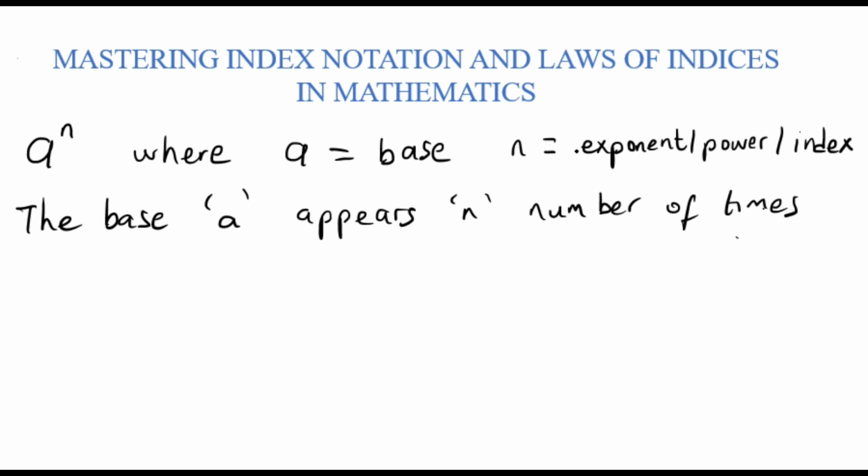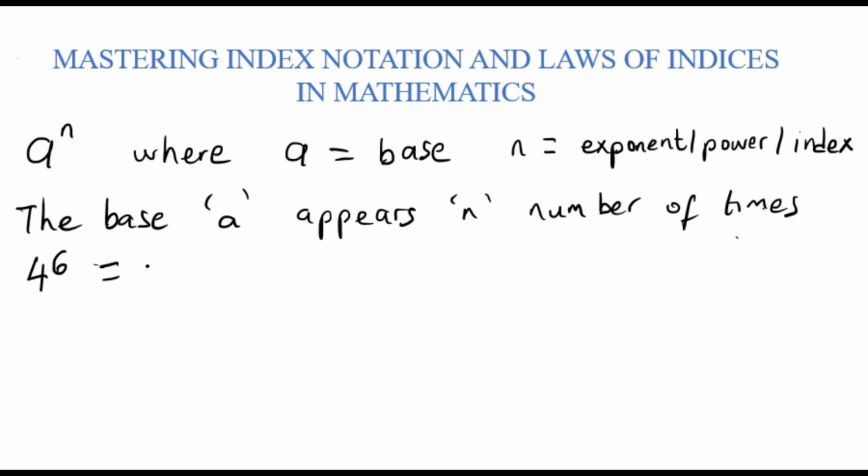For example, let's take 4 to the power 6. Now remember I said I'm using power or index or exponent, so they all mean the same thing. So 4 to the power 6. Our base here is what? 4. And our exponent is 6. So 4 to the power 6 means that the base 4 appears 6 number of times, and it's multiplication.